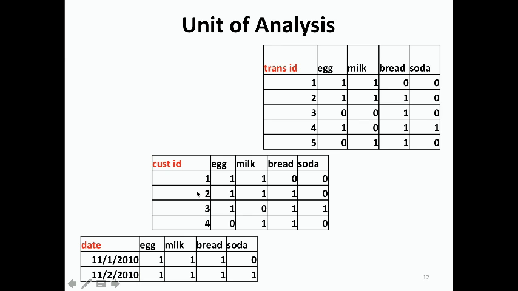Remember in the previous example, customer 3 made both of these purchases, transactions 3 and 4. If we're interested in the association amongst products that a single customer bought, then we can change the unit of analysis to customer ID.